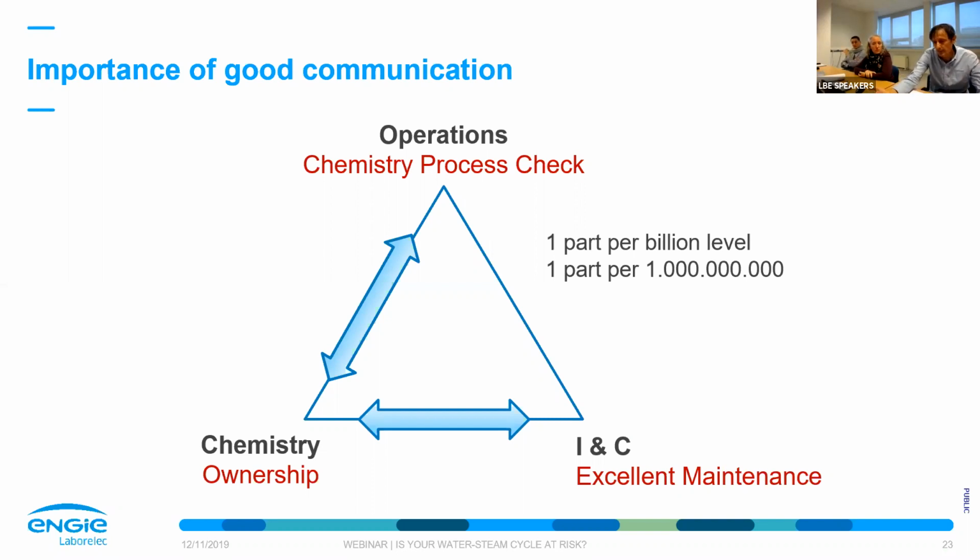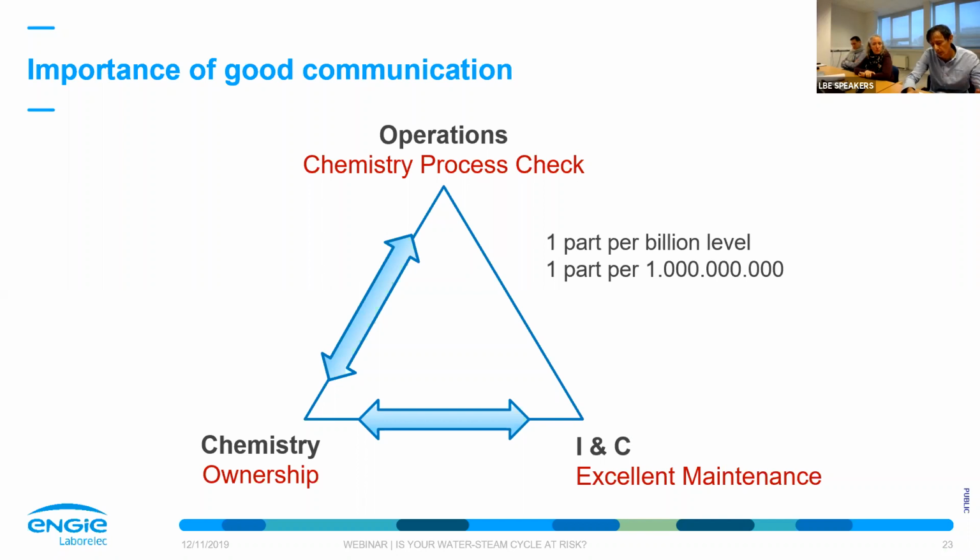I can say in my 33 years of career, I had the opportunity to do a lot of root cause analysis of chemistry incidents. And yes, most of the time it's due to a monitoring issue or inadequate follow-up of alarms.